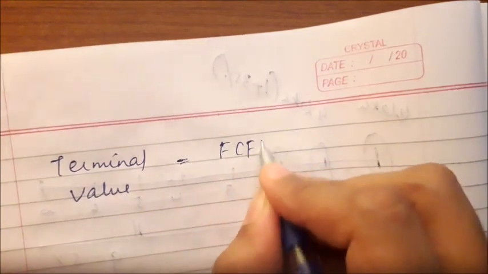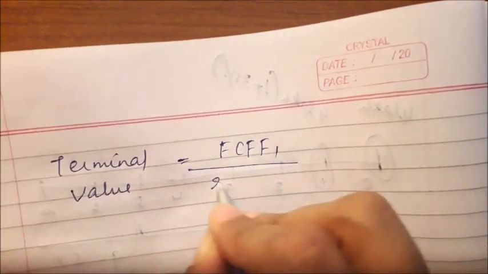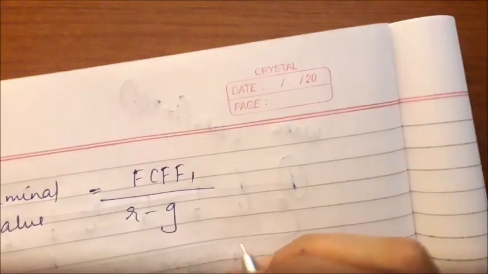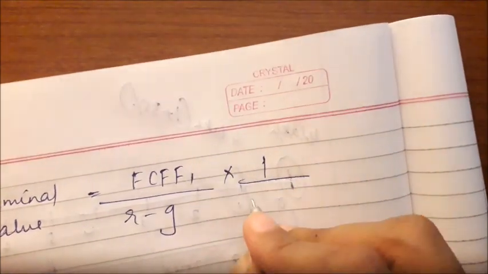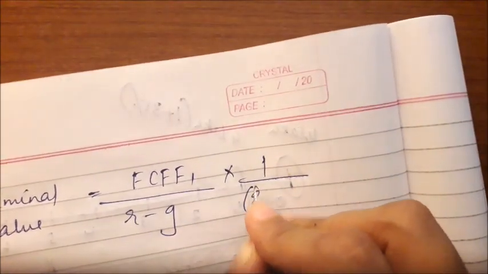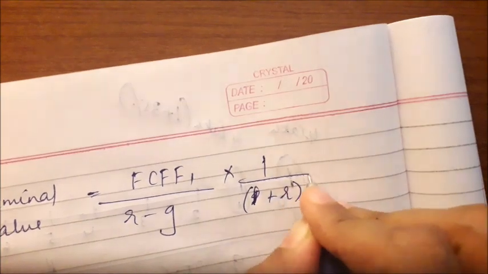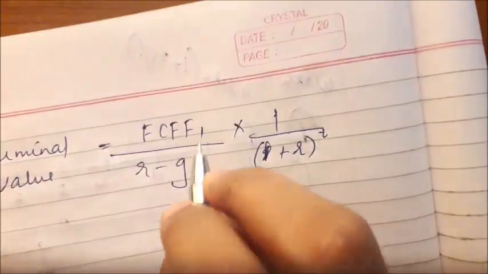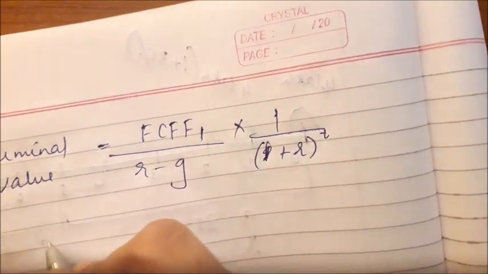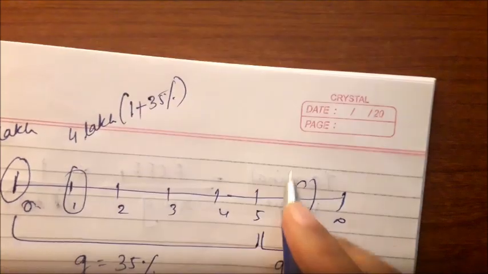Free cash flow to the firm at the year 1, divided by R minus G, multiplied by 1 plus R raised to the power T. So this is to be the year 1. So we are required to find for this 6th year.